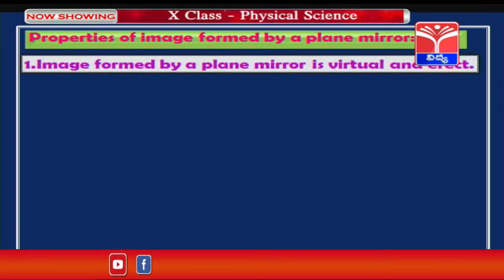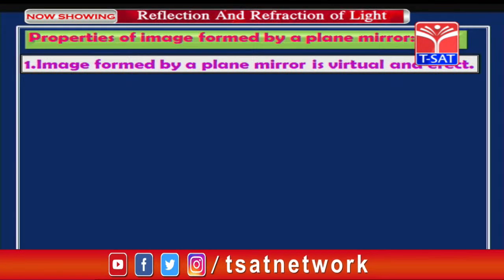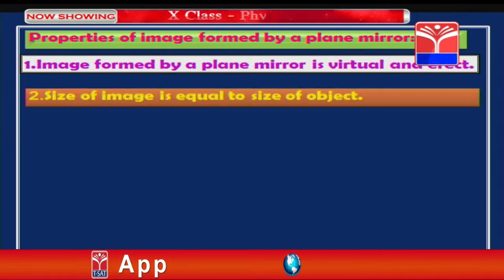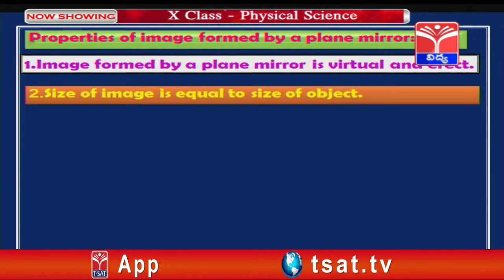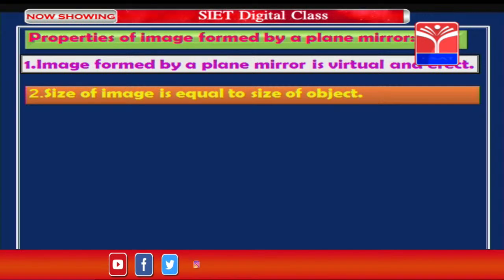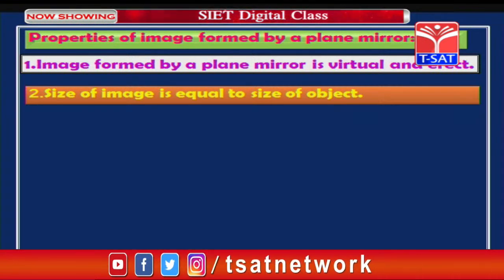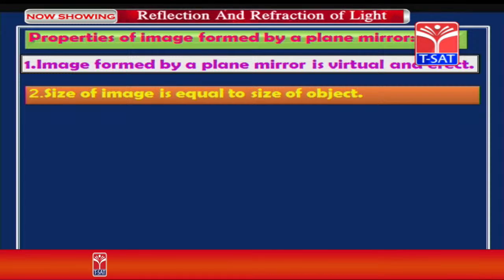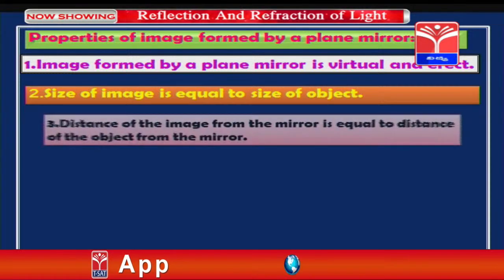In that, first one is image formed by plane mirror is virtual and erect. Plane mirror always forms virtual and erect image. Size of the image is equal to size of the object. In case of plane mirror, height of the image or size of the image is equal to the height of the object or size of the object.